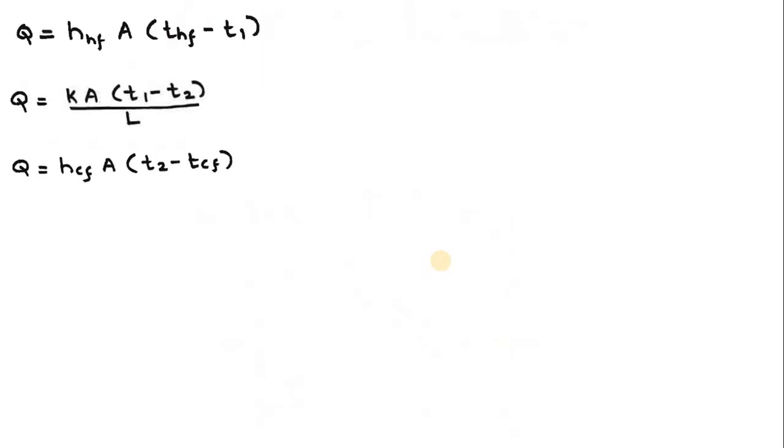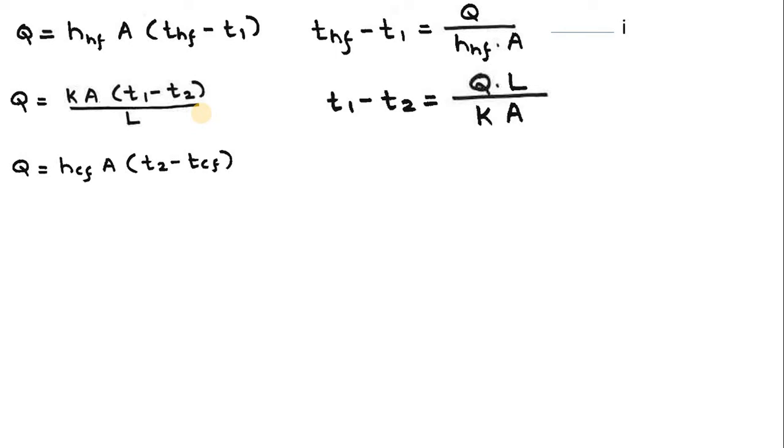If I rewrite these equations, simply putting the temperature difference on the left side and the remaining terms on the right side, I can write for conduction also: T1 minus T2 equals Q times L upon KA. Similarly, I can write for the cold convection. Now we have these three equations.